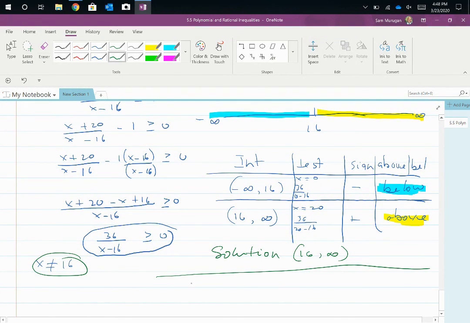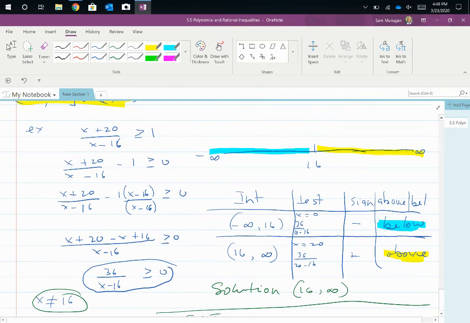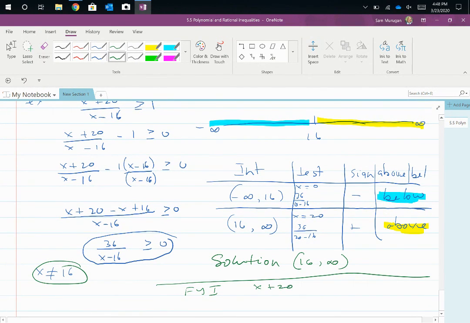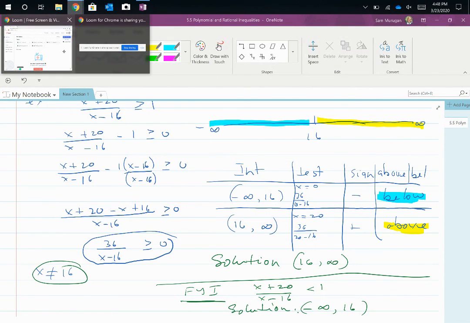FYI, if the question was asking about x plus 20 over x minus 16 less than 1, the solution would be from negative infinity to 16. So again, pay attention to which one it's asking for, greater than or less than, and that concludes our class.